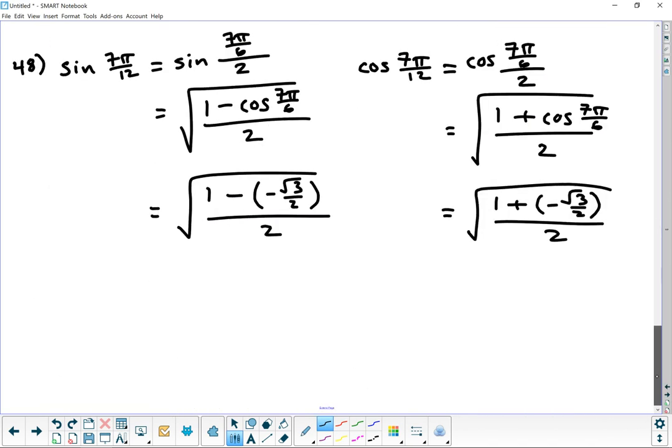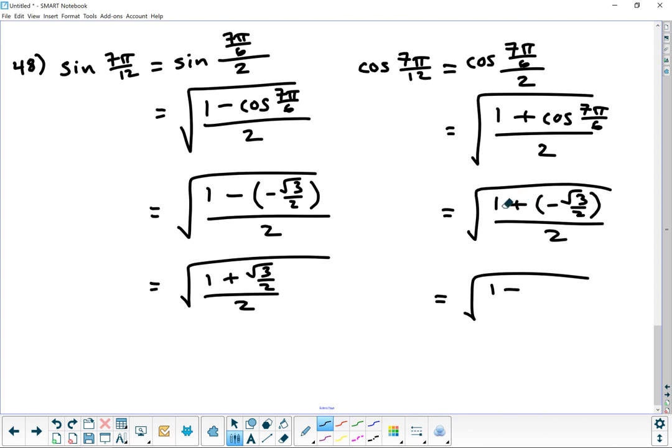But it's okay, we'll work this one out since it's the last one anyways. So you will have 1 plus, because of negative negative, radical 3 over 2 over 2 for the sine, and for the cosine you will have the square root of 1 minus, because of plus minus, radical 3 over 2 over 2.